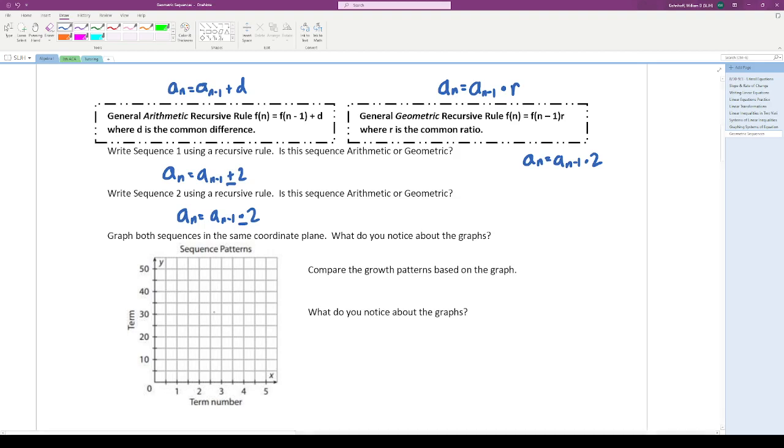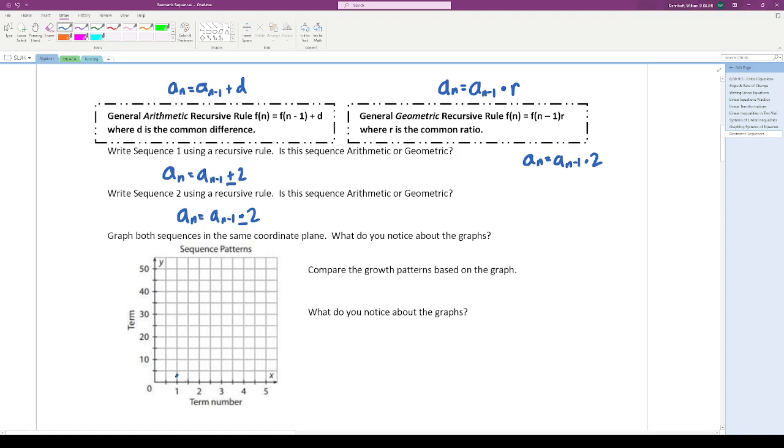Okay, so sequence 1, we started at term 1. We had a value of 3, so that would be a little above toward 5. Let's see, I didn't realize we were counting by 5s, I thought we were counting by 10s. So let's make our first point just a little below 5 here.